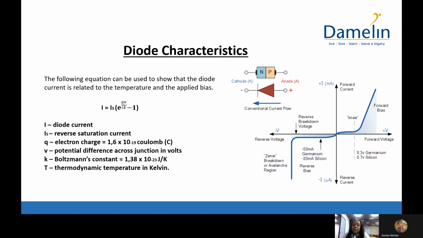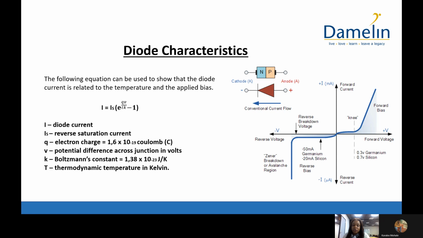We did this calculation somewhere in N1, but it was with other stuff here. It was electron charge, and this is a constant. That is basically how much charge electrons have. V is the potential difference across the junction in volts.